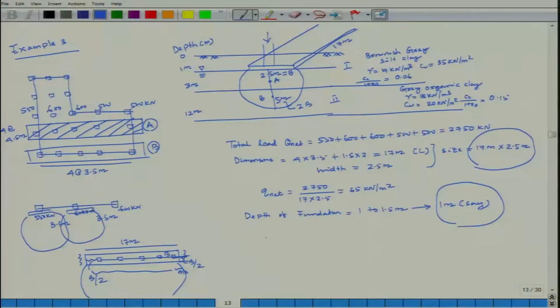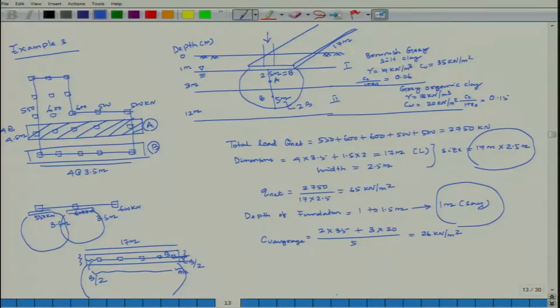So, Cu average is 2 into 35, here 35 is given, plus 3 into 20, divided by 5, which is equal to 26 kilonewton per meter square.